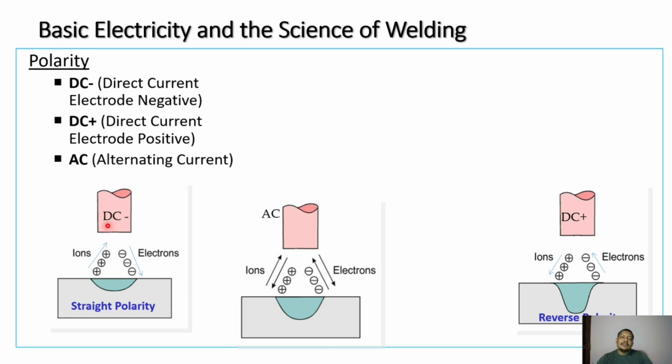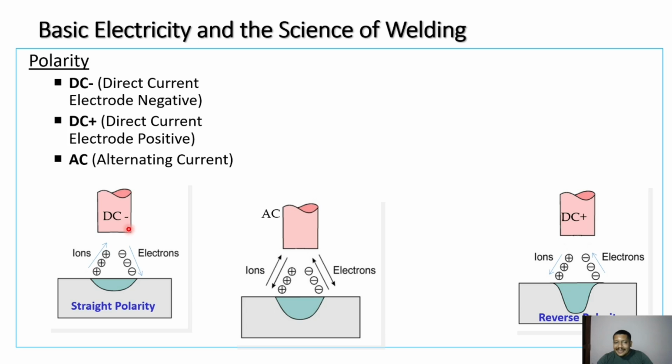In the case of DC negative, the flow of electrons is always from the negative terminal to the positive terminal, and the flow of ions is from positive to negative. Here, more heat is accumulated at the top, at your electrode.